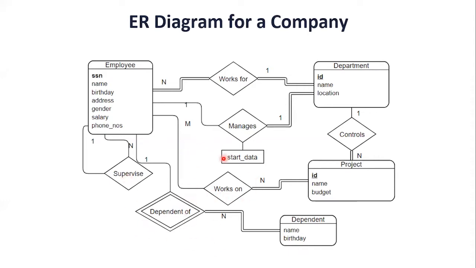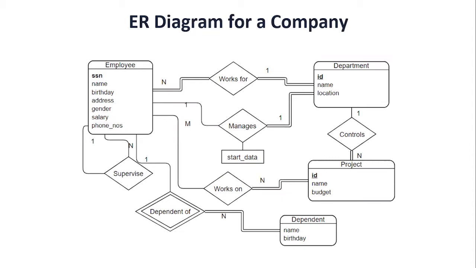And we also have another relationship right here, works on. So a particular employee may work for many projects, and a certain project may have many employees working on it. So that's the whole idea about this particular ER diagram.